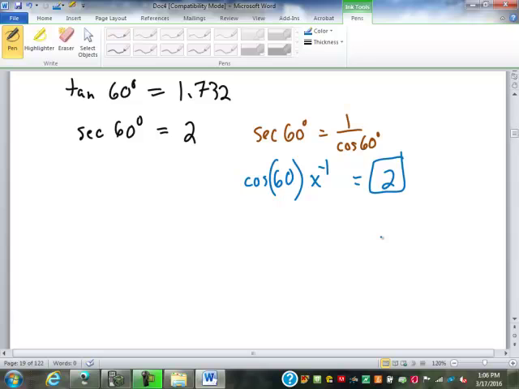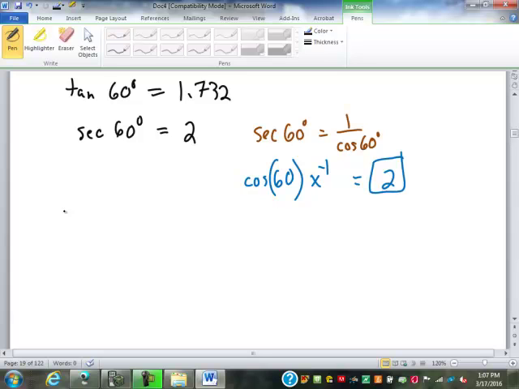That's different. We'll get to that in a couple days. You should get 2. You've got to hit the reciprocal key yet. So on your calculator, cosine 60. You can do it on your phone too. On your calculator, you've got 60 cosine, and then you've got a 1 over x right there. Shift 1 over x.